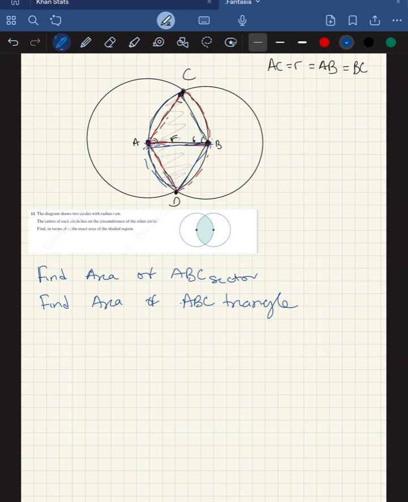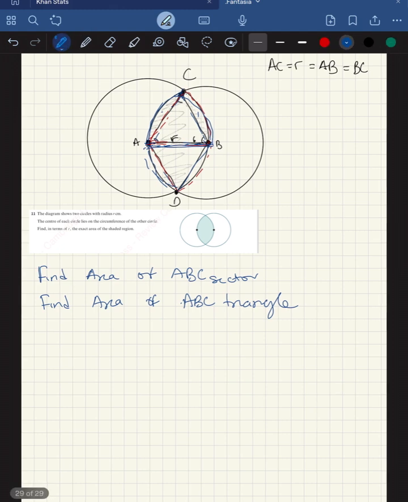So if we find the area of this one, the one in blue, and then subtract this triangle, then we have this, and you can double it. So let's do that.